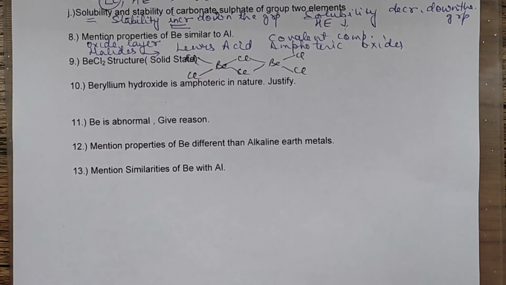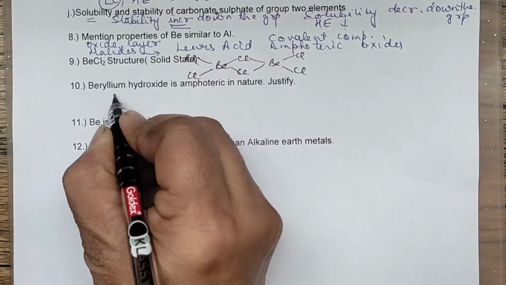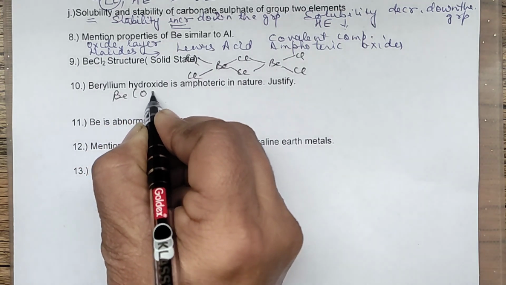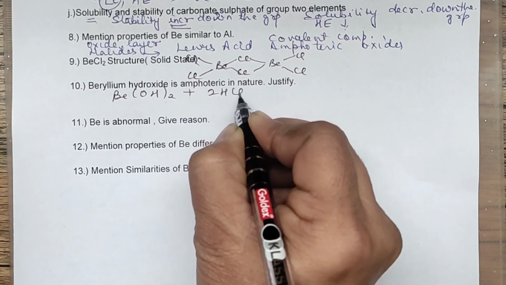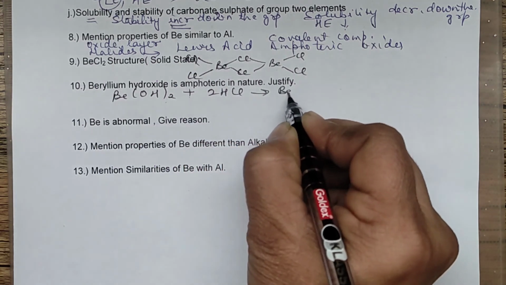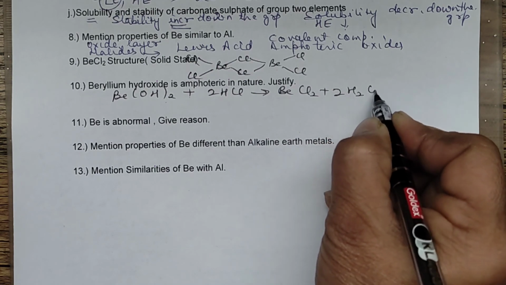Okay, next, if you are asked to answer: beryllium hydroxide is amphoteric in nature, justify. In this case, you will write the equation of beryllium hydroxide with acid, wherein it forms the salt plus water.